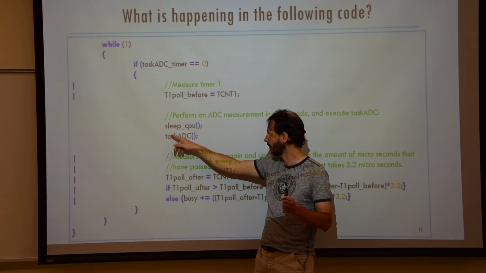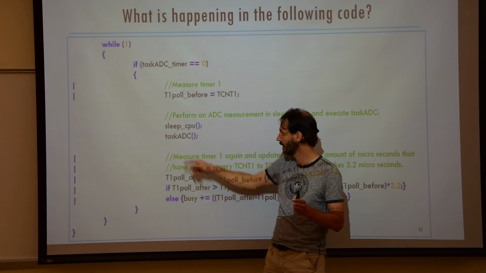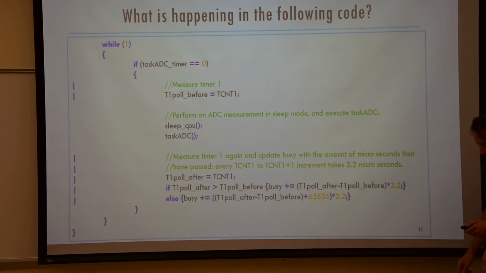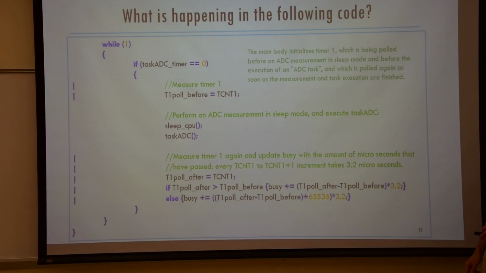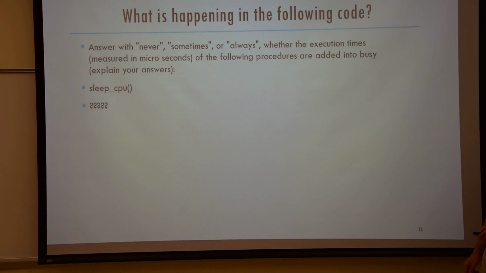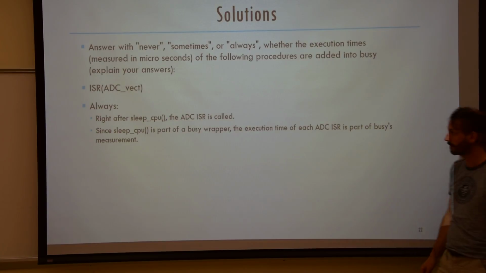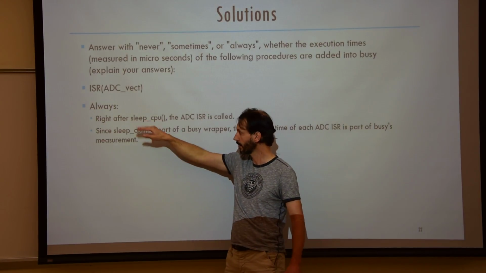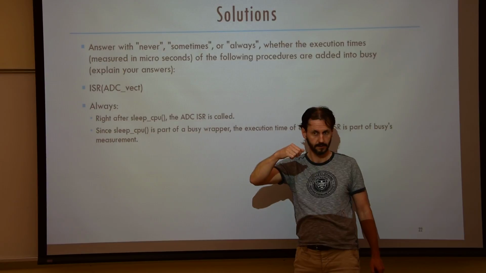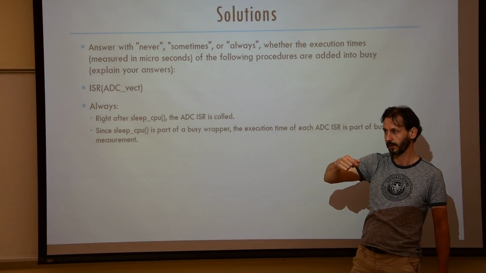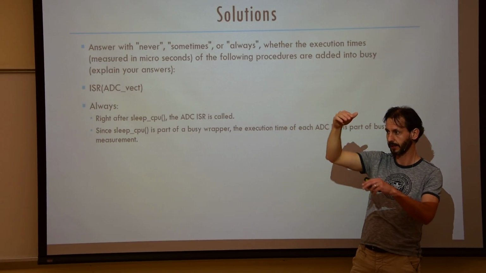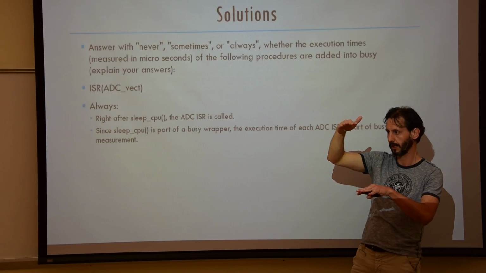And once that's done, you go to the next instruction, which is calling the task ADC function. So that means that you're actually including this ISR always. So that's always part of these TC and T1 tick increments that you measure in the T1 before and the T1 after pulse.